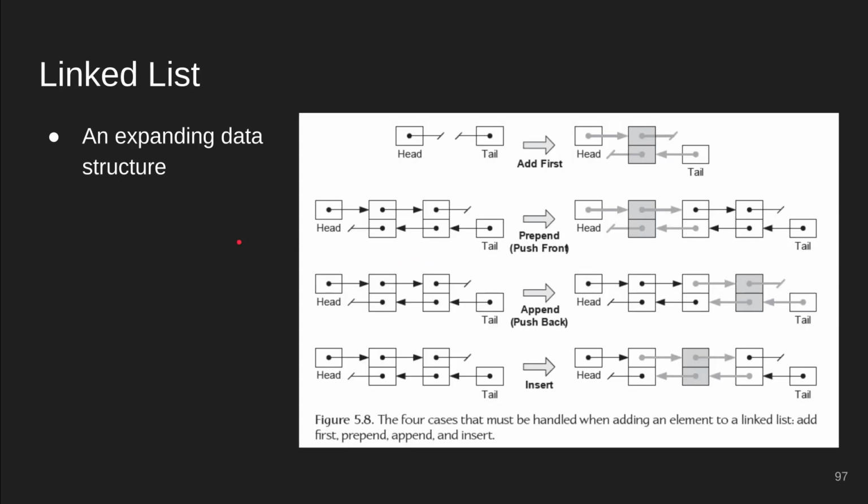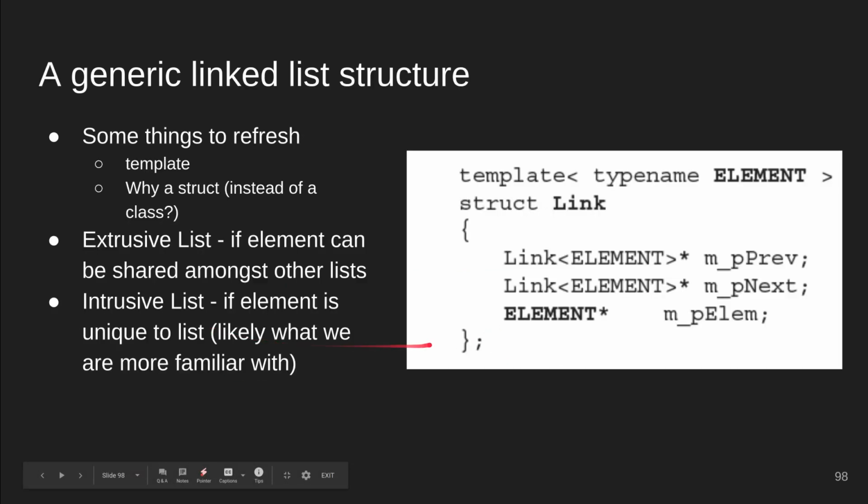Again, just some data structures to remind you. Linked lists, please be familiar with these. You have a head and a tail and can iterate through the data structure one at a time using pointers. Here's the generic linked list structure, with some common operations.